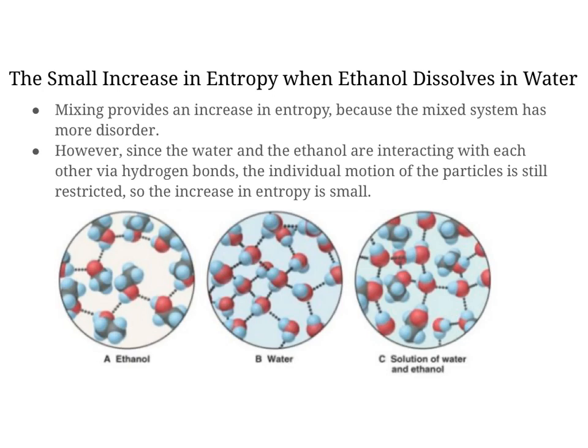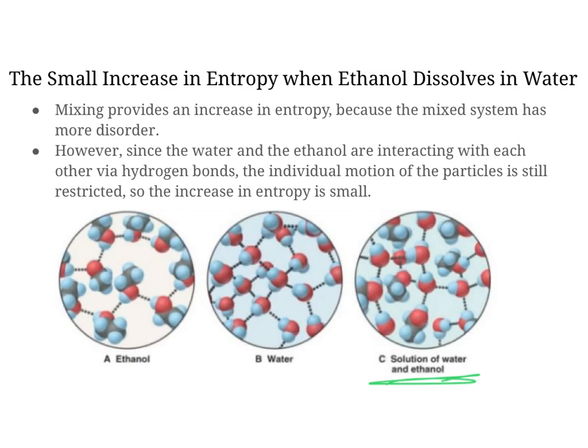The reason why there's not going to be a lot of increase in entropy is because even though I'm taking ethanol and separating the intermolecular forces of attraction between ethanol, and putting it into water and separating the intermolecular forces of attraction between water and creating new forces of attraction for water and ethanol, both of them happen to be interacting via hydrogen bonds. So the individual motion of the actual particles is still restricted, and as a result of that, the increase of entropy is relatively small.